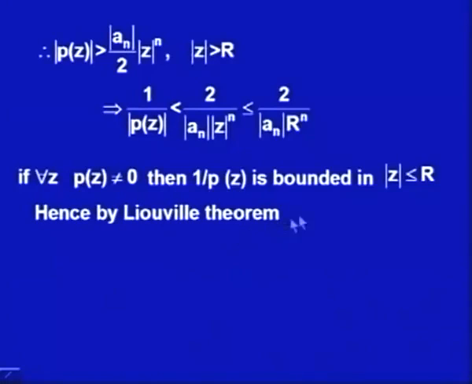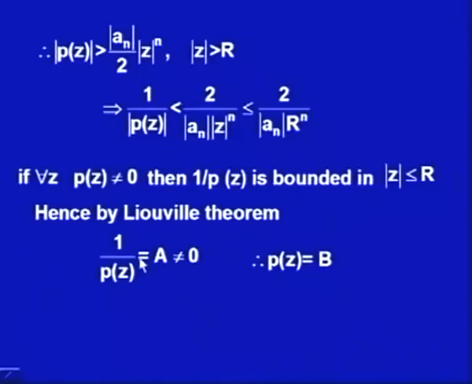Hence, by Liouville's theorem, if the function is entire and bounded, then it must be constant. So, since P(z) is not 0, 1/P(z) is an entire function and bounded, so it must be some constant a which is not 0. Hence P(z) is 1/a, that is b, some other constant.